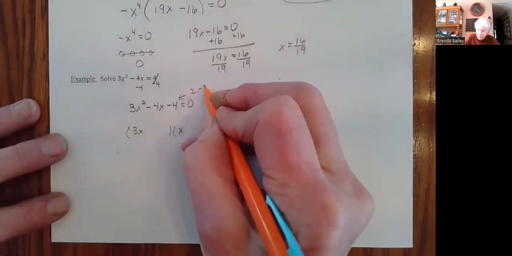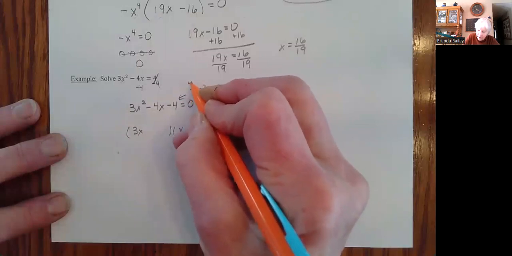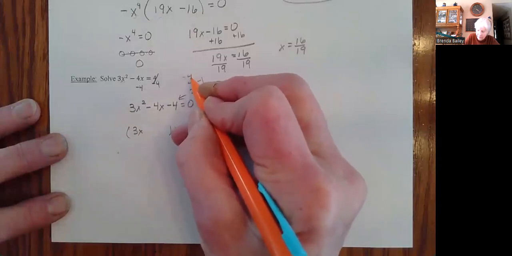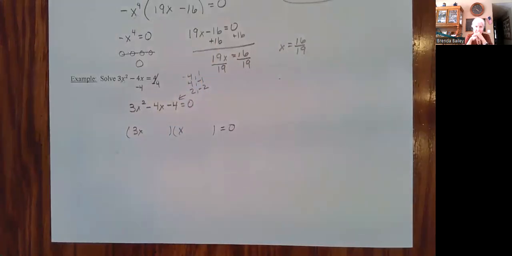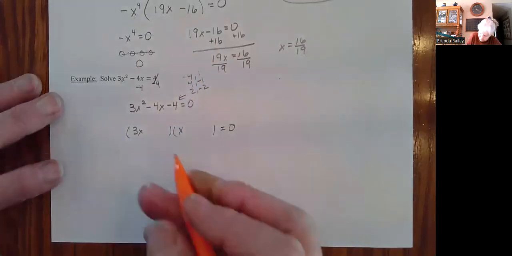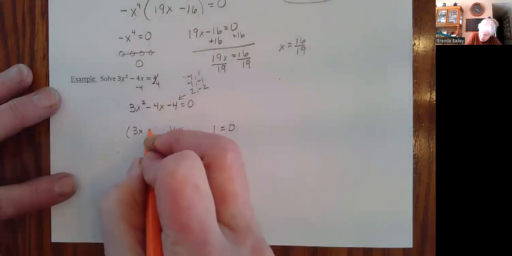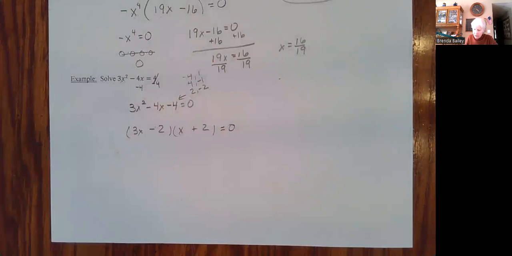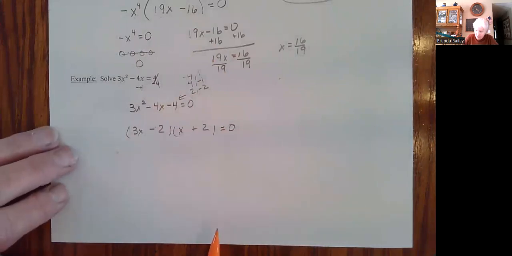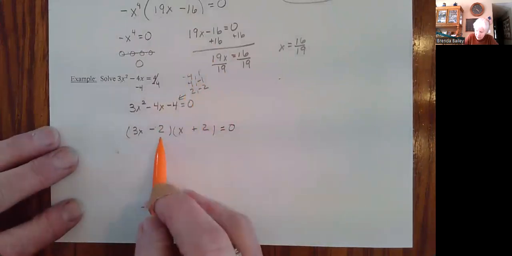2 and a negative 2. It could also be a 4 and a negative 1, or a negative 4 and a positive 1. Let's just try the 2 and negative 2. Let's do negative 2 and a positive 2, just to see. Do we get the middle term? Okay. These combinations.